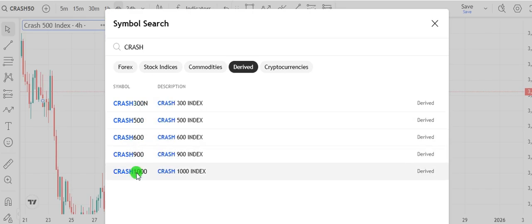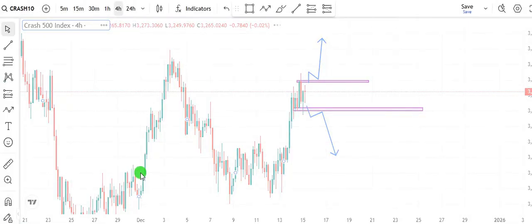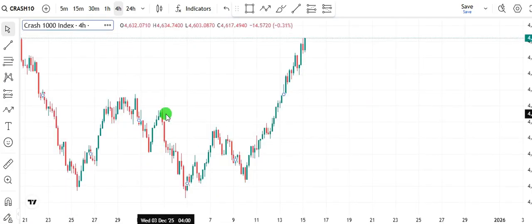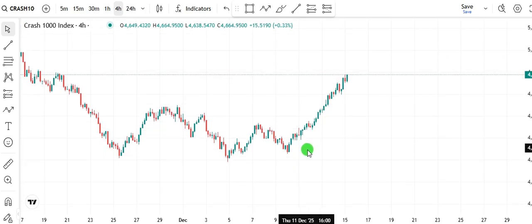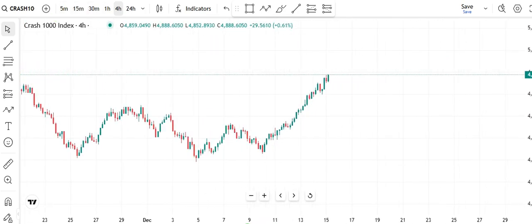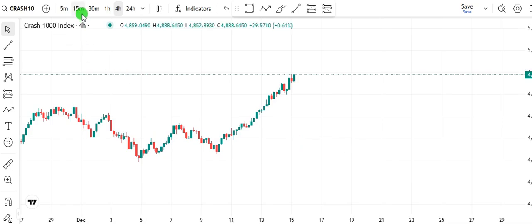So let's go to the final one. This is going to be Crash 1000. On Crash 1000, wow, because that has been bullish. Anyway, I think the market is already far gone, but let's go to our entry time frame to see if we can see any entry.